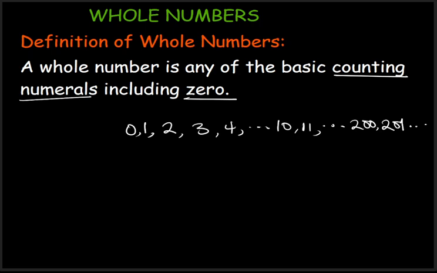All right, so I believe we understand what a whole number is. The only difference between whole numbers and counting numbers is that in the whole numbers there is zero, while in counting numbers you don't include zero.